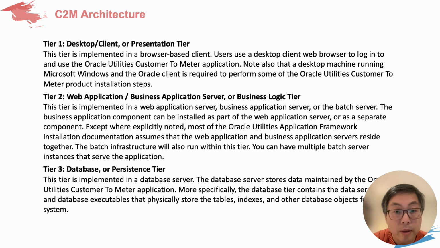So with Fusion, you will have products like OSB, Oracle Service Bus, and SOA. These tools will help you translate and transport the messages across to the other systems or external systems.